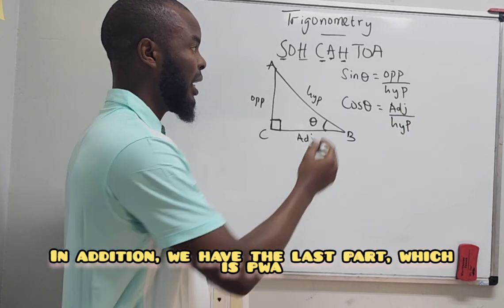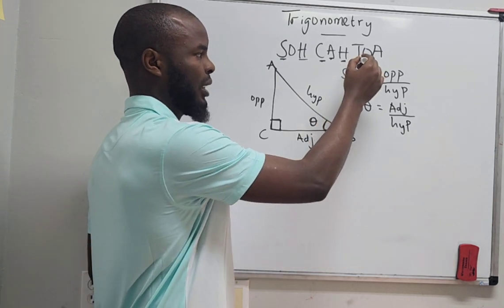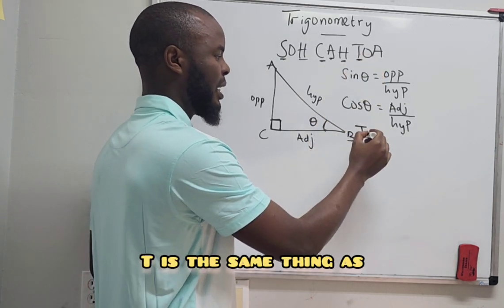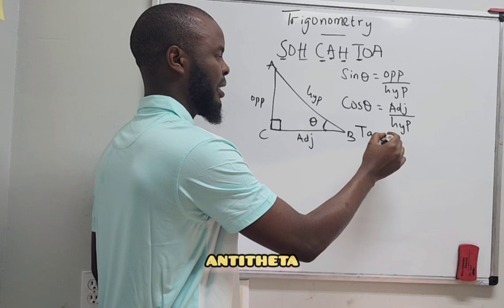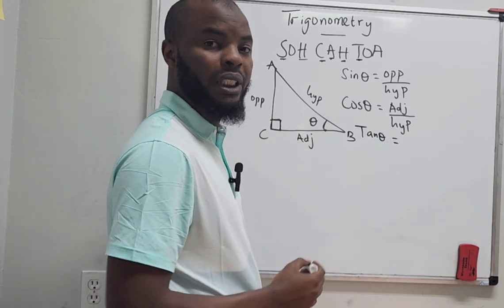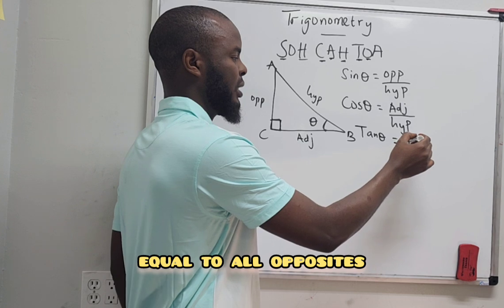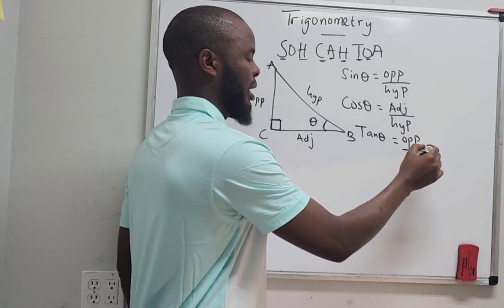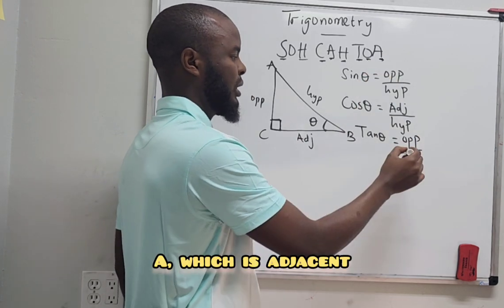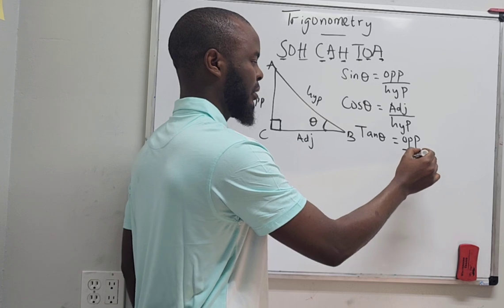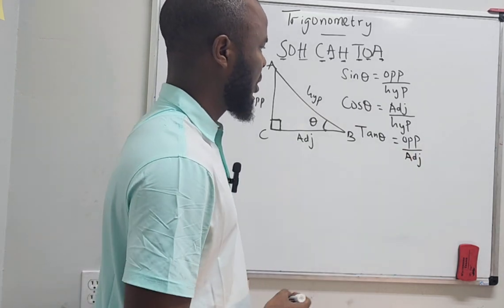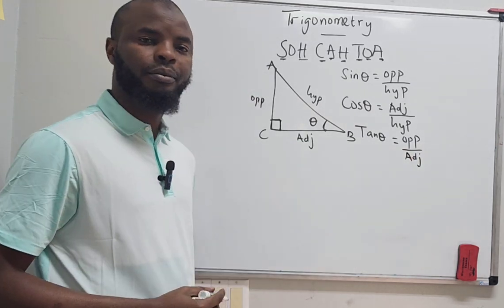In addition, we have the last part, which is TOA. T is the same thing as tan theta, which is equal to O, opposite, over A, which is adjacent. This is what we have.